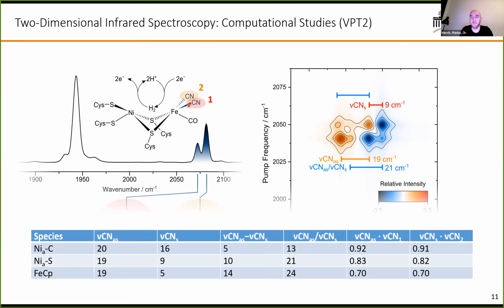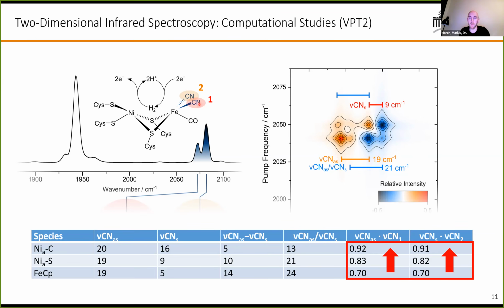To quantify this localization of the two vibrational modes, we calculated the scalar product between the normal mode vectors and an idealized bond stretch vector for the two individual cyanide ligands, as shown here on the right. As you can see, if we move from the highly symmetric RNCP complex towards the nickel C state, mode localization increases.